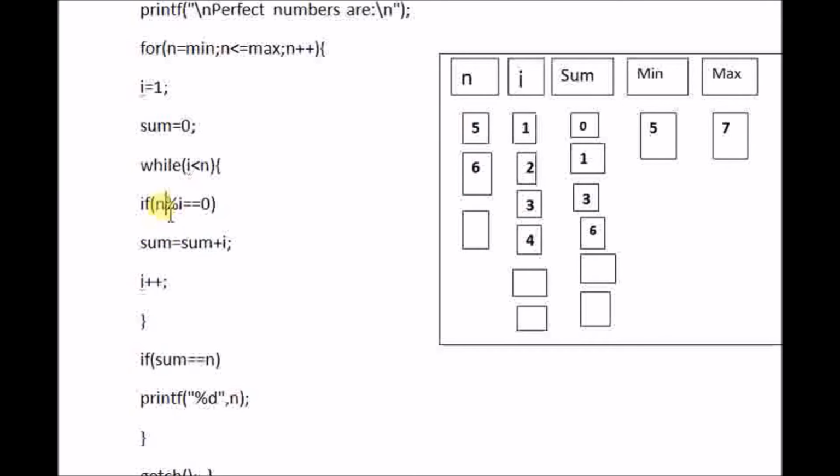But here in the if condition, is 6 mod 4 equal to 0? No, the condition is false. The remainder is not 0. So this time the statement will not get executed and I will be incremented by 1. That is, now the new value of I will be 5.